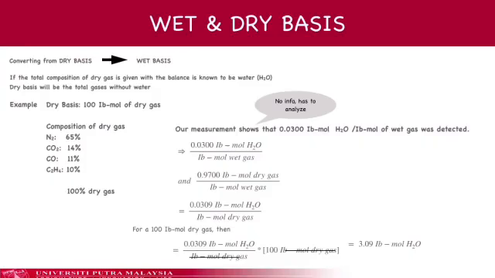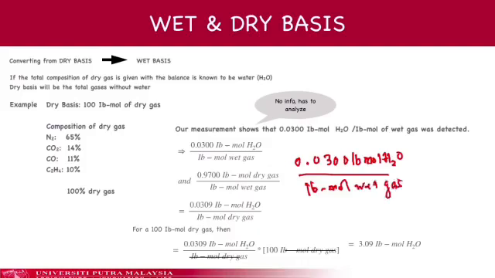Okay, doing some mathematics, then it will come back to 0.0300 pound mole of water per 1 pound mole of wet gas. So we want to get the amount of water per amount of dry gas.